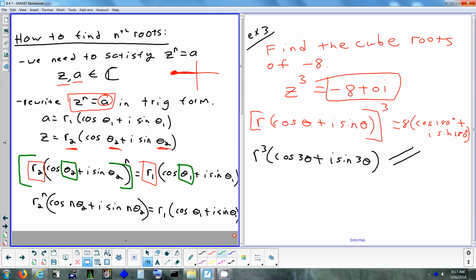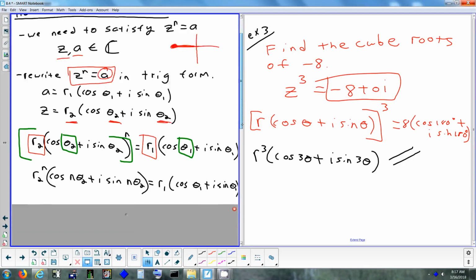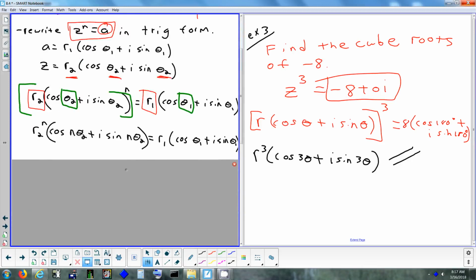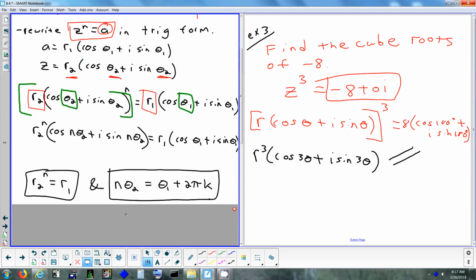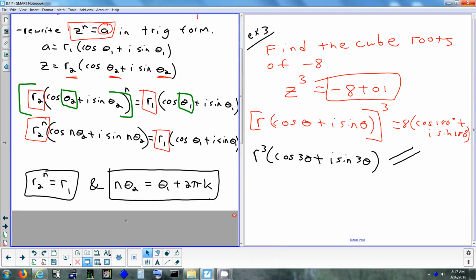Now we're at the step where we can set up two equations to make the radius on the left match the one on the right. So we're going to take this and set it equal to that. So in my problem, r cubed equals 8. That's what we would write.